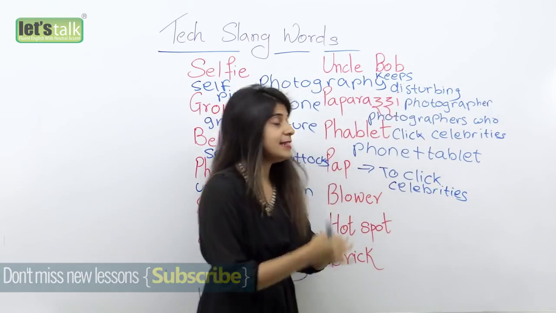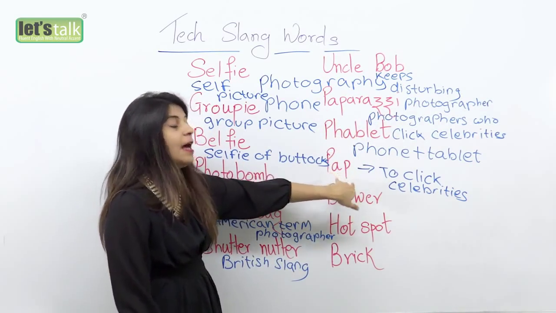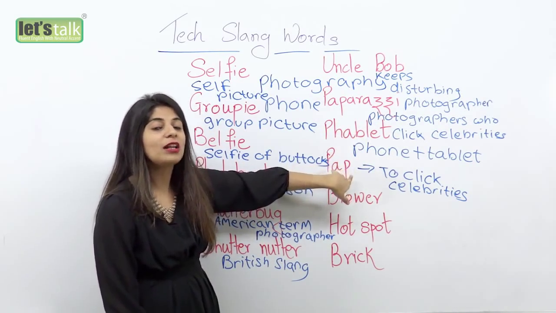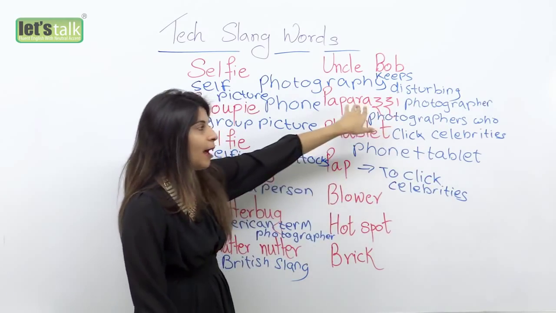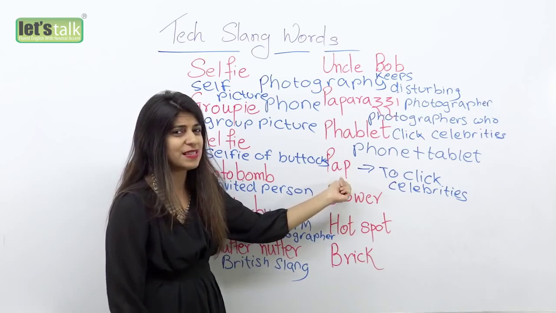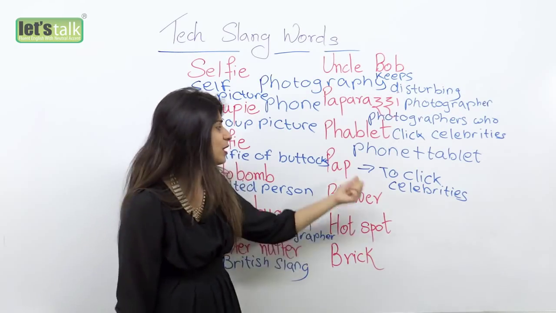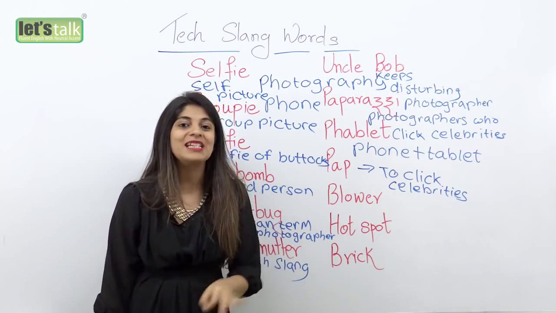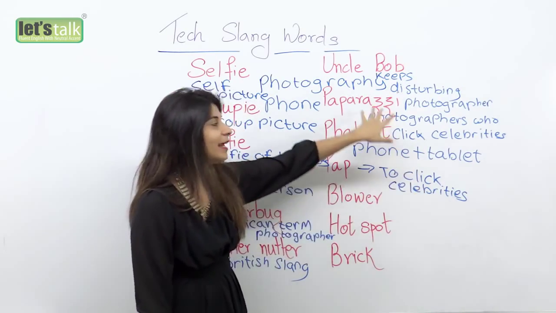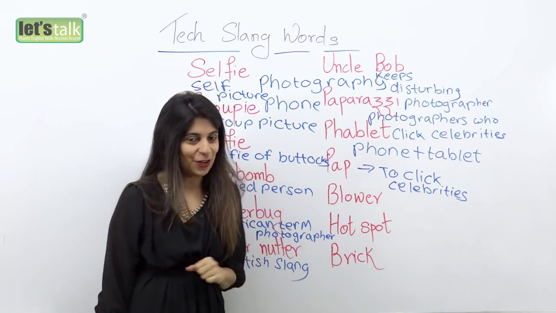So when I said that the celebrities do not like to be papped, papped means they do not like to be clicked by the paparazzi. Okay, so that's the slang word that you can use, that poor celebrities can't even step out of their house without being papped, which means without being clicked by the paparazzi. Okay, so that's the word for you.